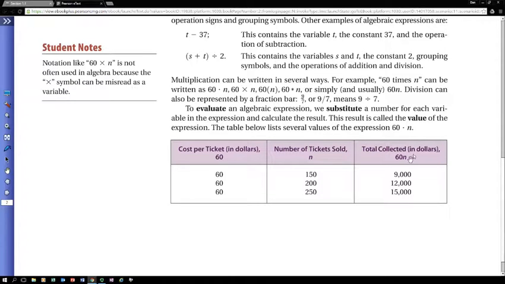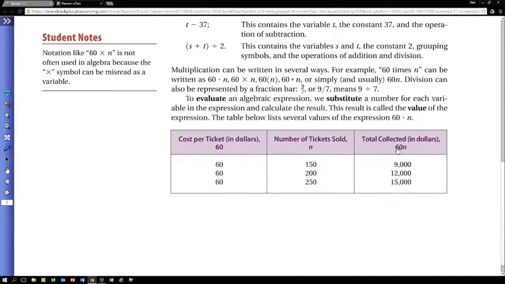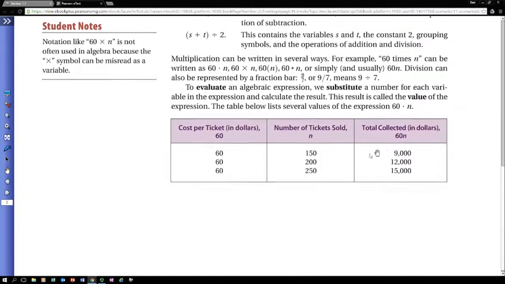To get the collected value in dollars, you take 60 times the number of tickets that you sold, or 60 times n. So if they evaluate this expression where n is 150, we'd end up with $9,000. Again, to put the words to this, we are evaluating the expression by substituting 150 in for n, which gives us a value of $9,000.